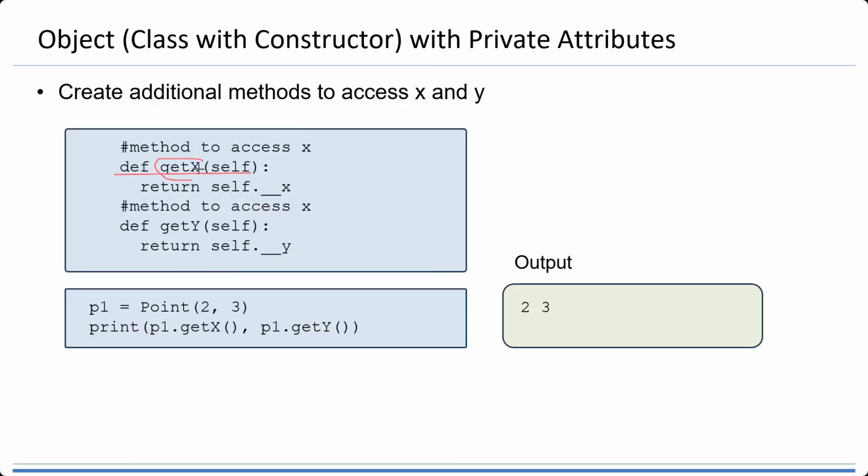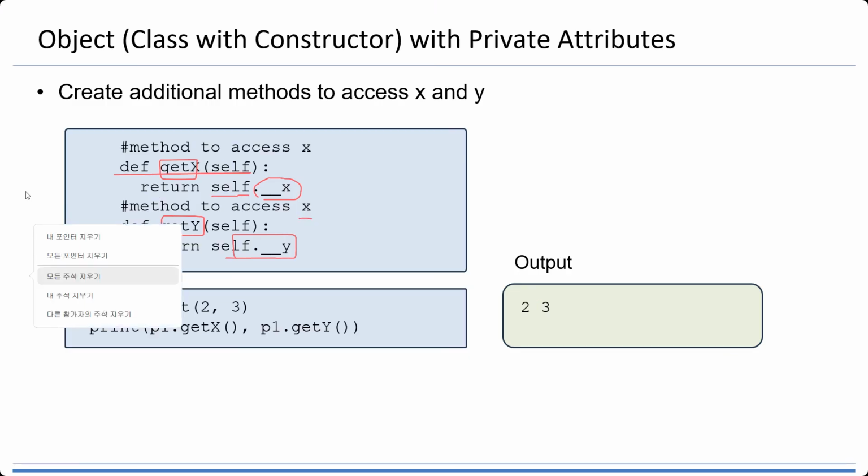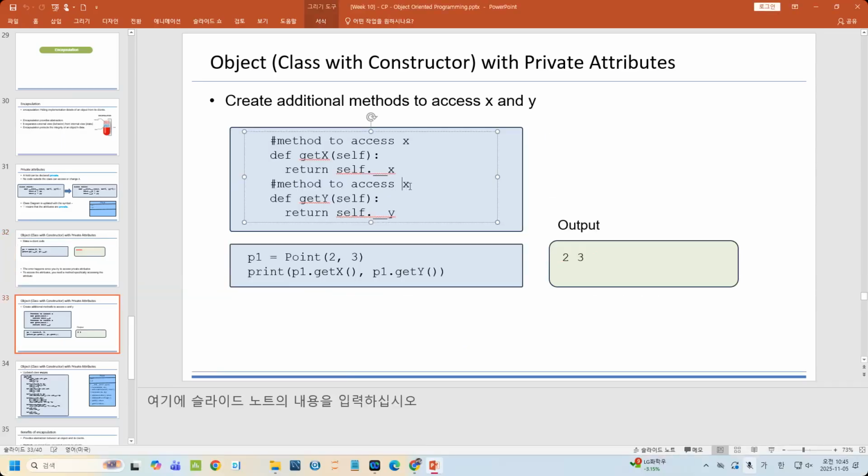I'm using the name get x to access underbar x, and I'm using get y to get the underbar y. Oh, this should be y. Sorry.